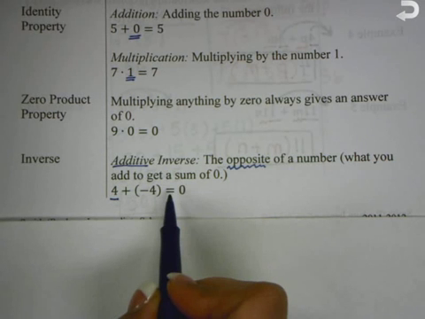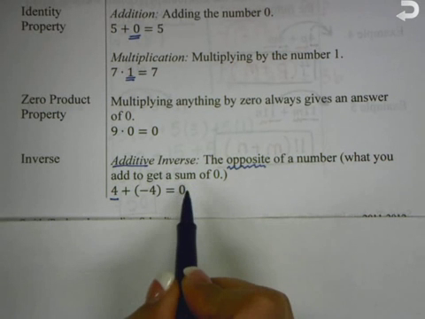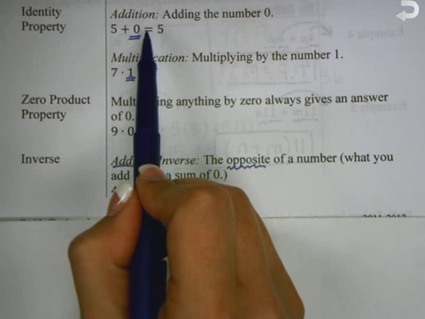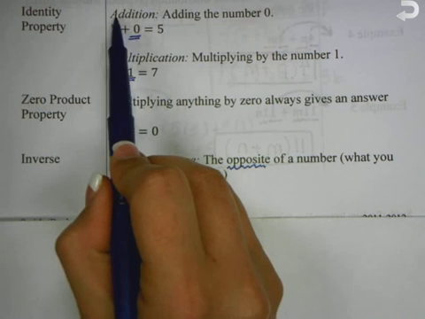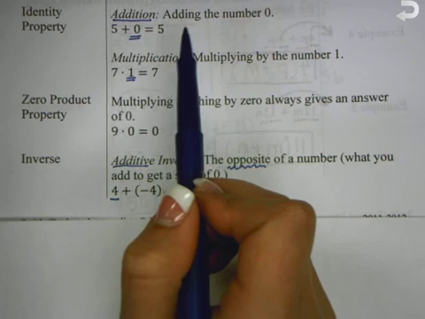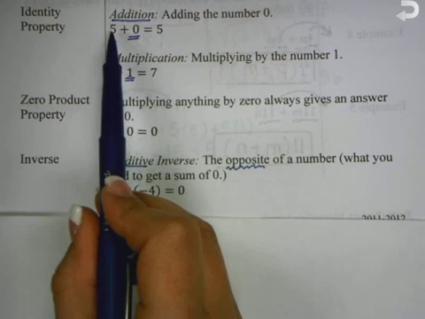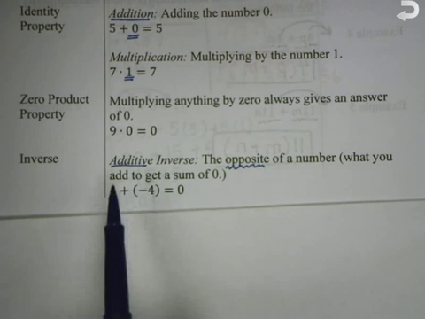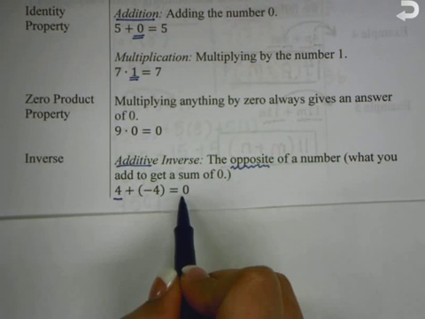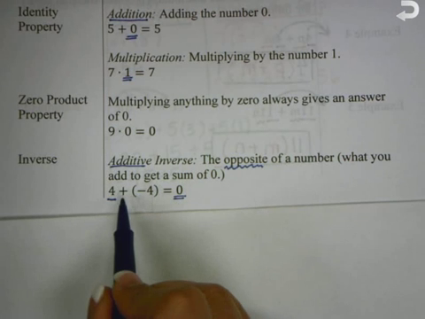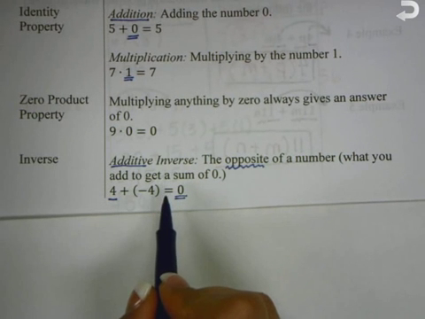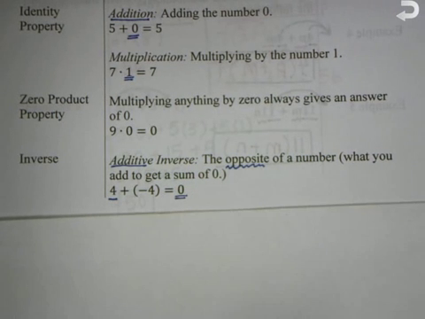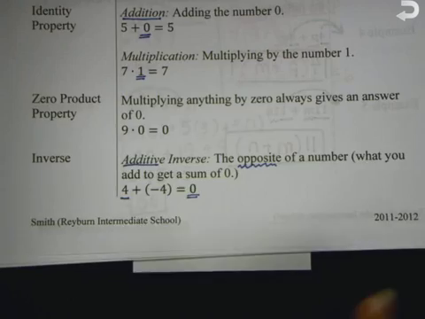0 is the identity for addition, right? Because if we add 0 to a number, we still get the same number. So what we are trying to do with inverses is reach the identity. So the opposite gives us the additive inverse, or the additive identity. Okay? So in multiplication, if we are trying to get to the identity, what do you think the multiplicative inverse is?